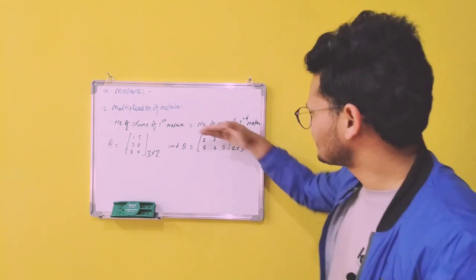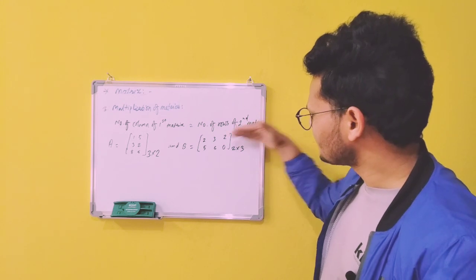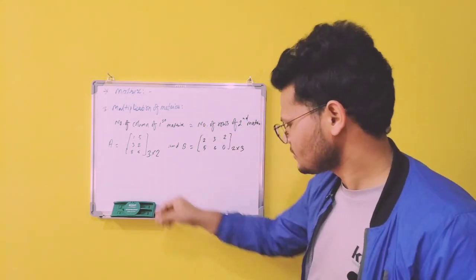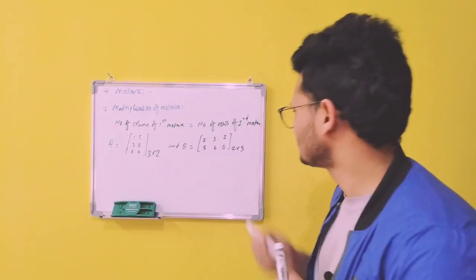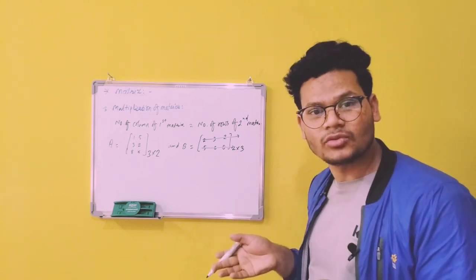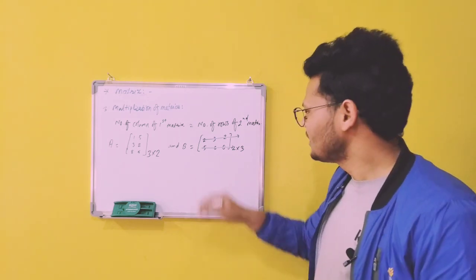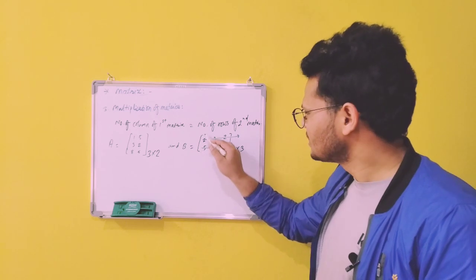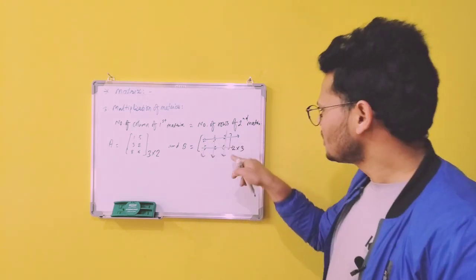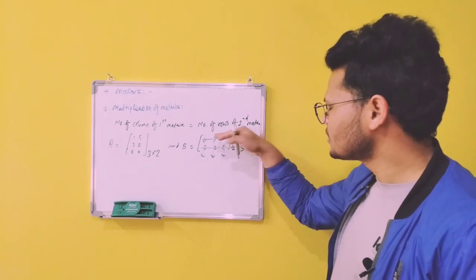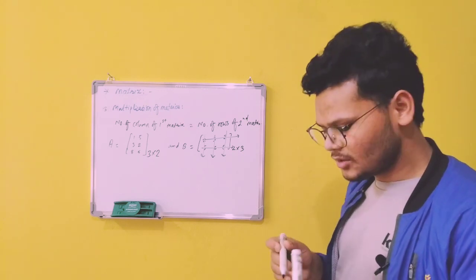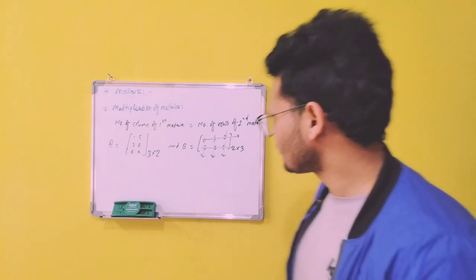Because we have given 2 rows and 3 columns. 2 rows means 2 horizontal lines, and the vertical lines are the columns: first column, second column and third column. First of all we write rows and after that columns, so 2 by 3 is the order of this matrix.